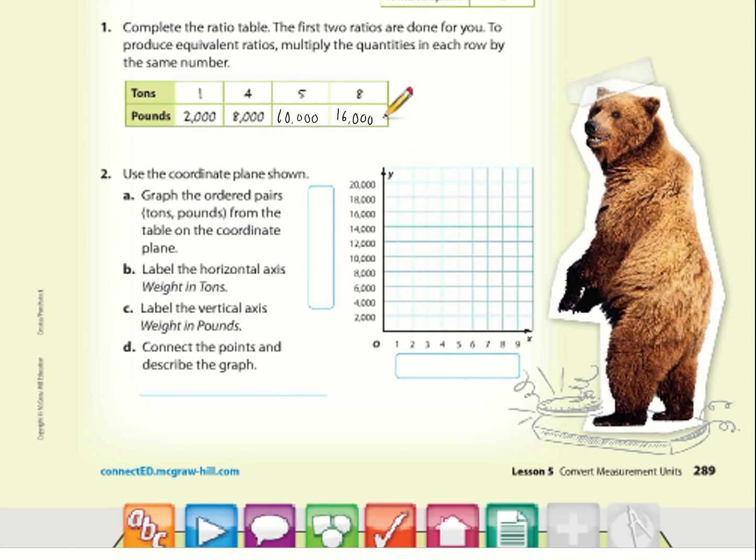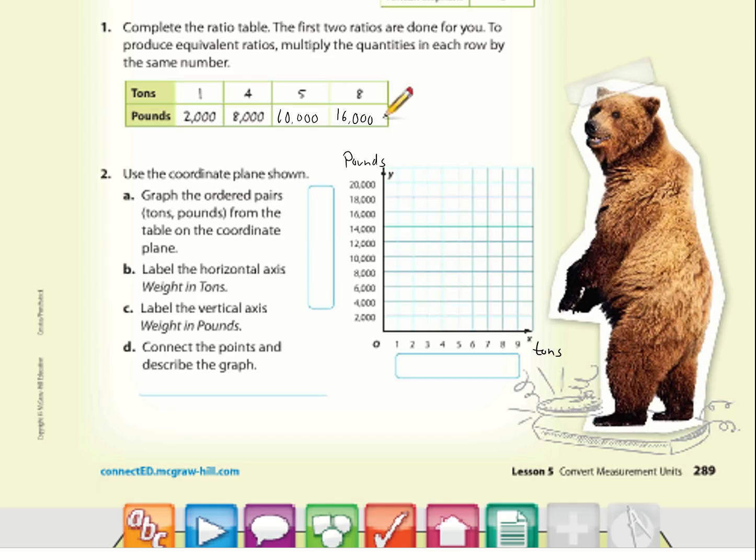Number 2, use the coordinate plane shown. Graph the ordered pairs from tons to pounds from the table in the coordinate plane. So I'm going to go ahead and start with the graph. This one's going to be tons, and this is going to be pounds. X-axis is tons, y-axis is pounds.